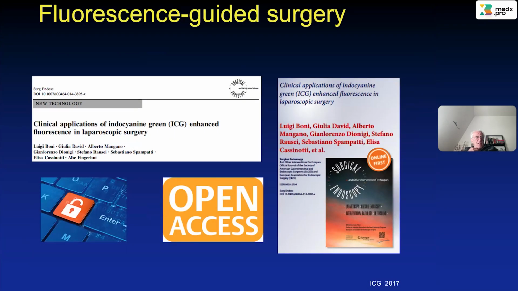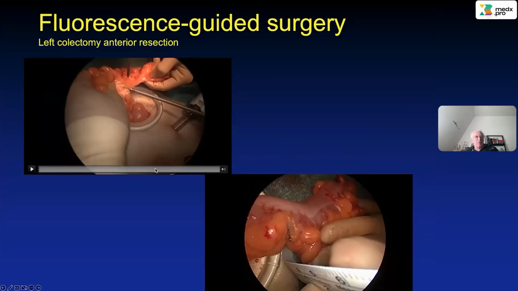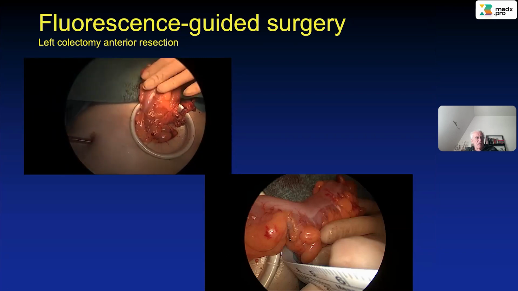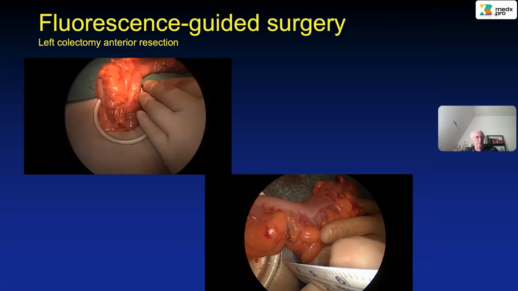We've published on this extensively with Luigi Boni, and there's even a pamphlet that's available from Storz on all the applications of ICG. I have some examples here. I hope the videos are going to work. Coming from Luigi Boni when he was working in Varese. Now he's in Milan.